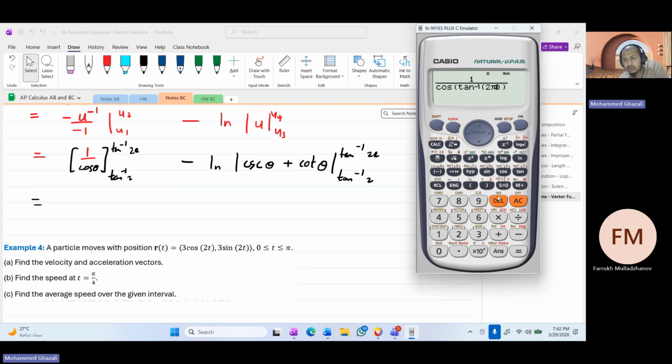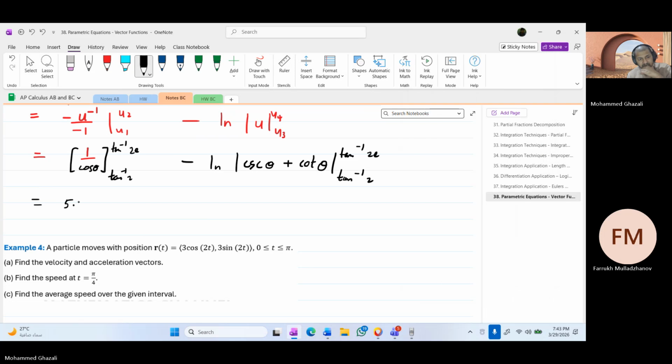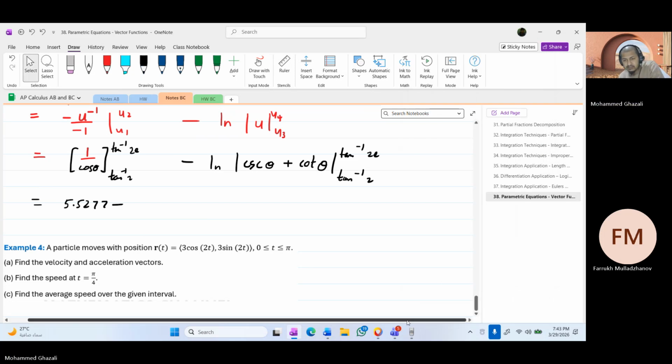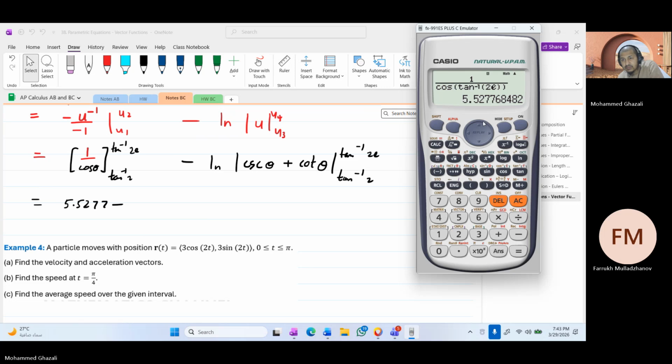Ah, there it is. Alpha E. Okay. I'm getting 5.5277. I need to subtract. My calculator is in radian mode, which is great. 2.236.